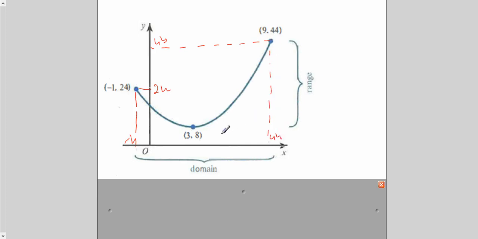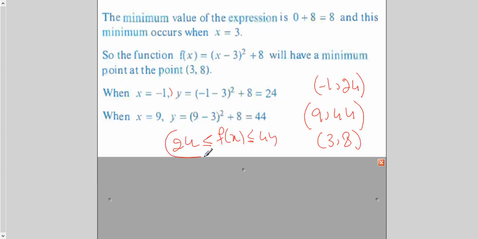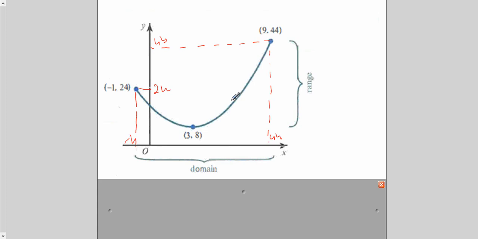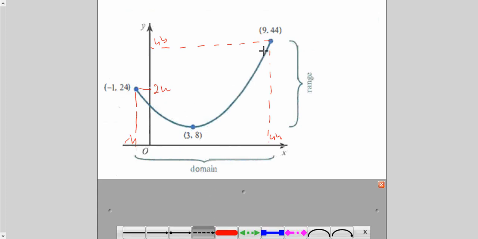Anyway, so now if you see the student who has written this answer for this question, which is wrong actually, why is it wrong? Let's see the values of y on this curve here. The values of y on this curve, if I see, this is less than 44, this is less than 44.